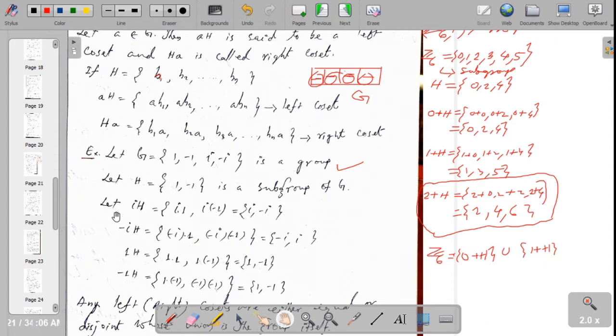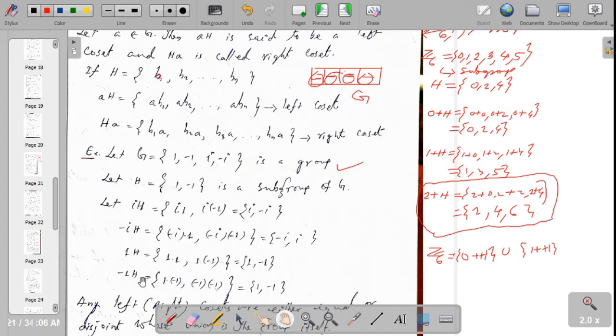You take any element from G. Say first you take i, an element from G, and multiply each and every element of H from the left hand side. You will get these elements: i, -i. Similarly, you take another element, -1, and you get this set, and likewise you take -i and multiply each and every element of H by -i, you will get this set.